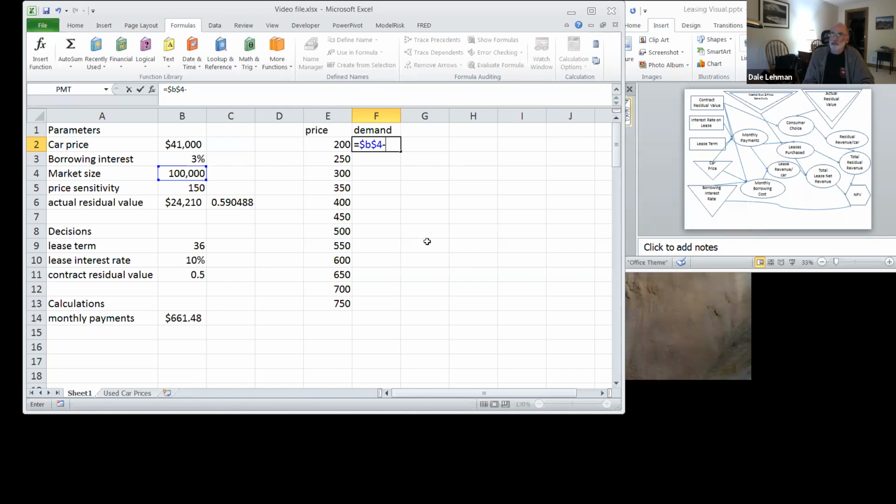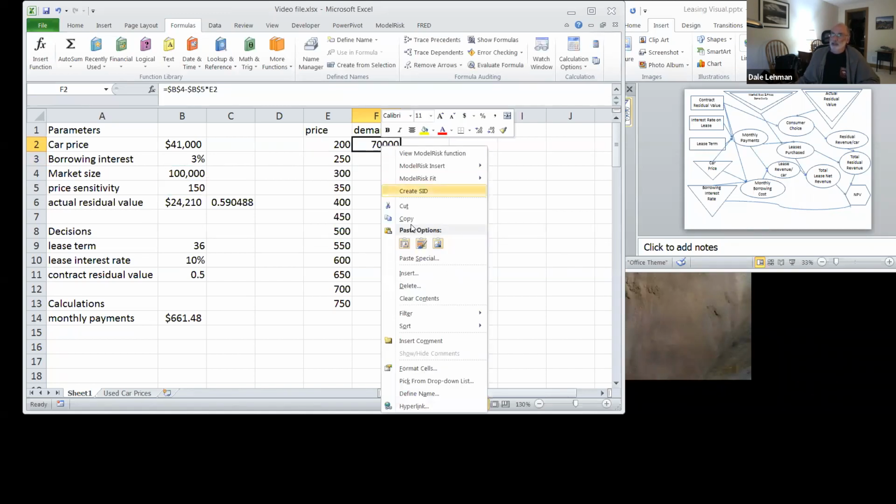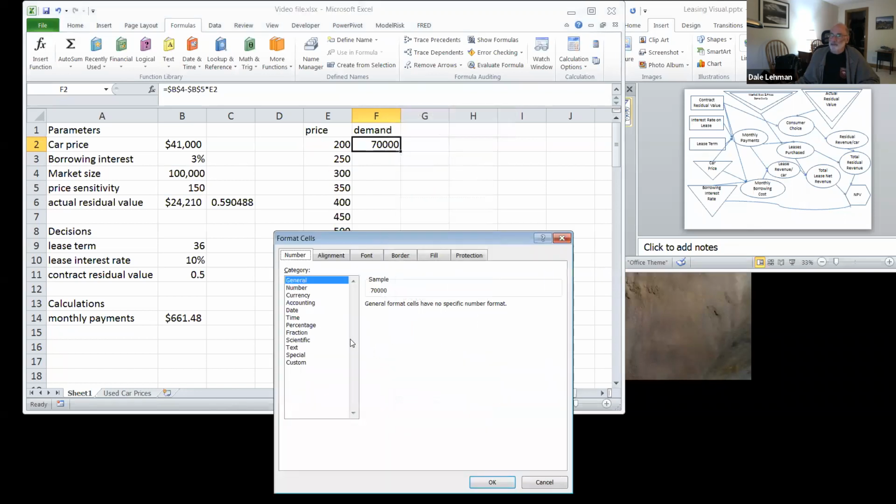And I'm going to subtract B5 for every dollar of monthly payment. So I'm going to lose 150 of those potential customers for every $1 that I charge for price given by E2. So in fact, that's 70,000.